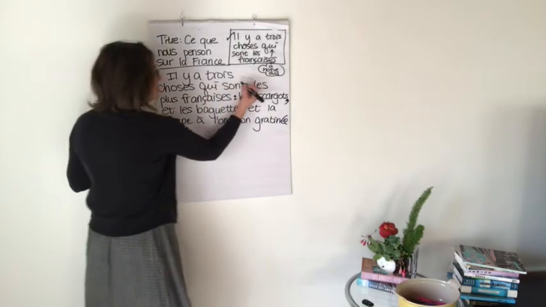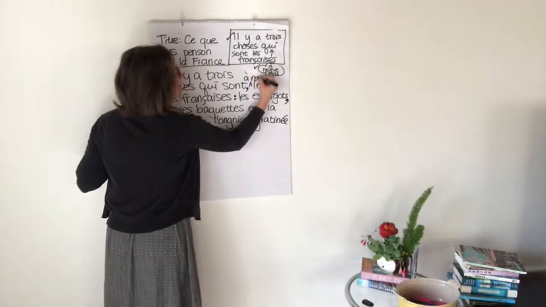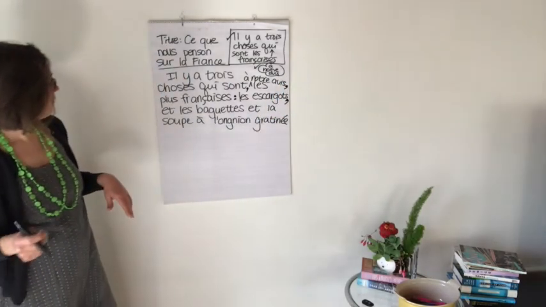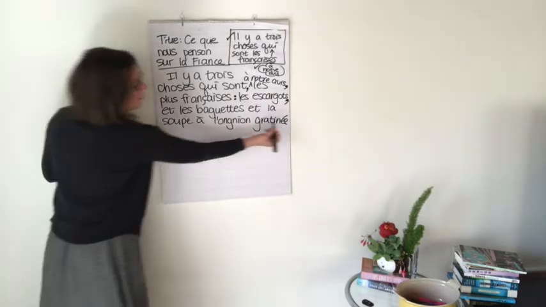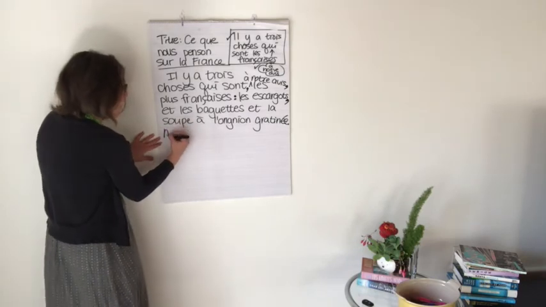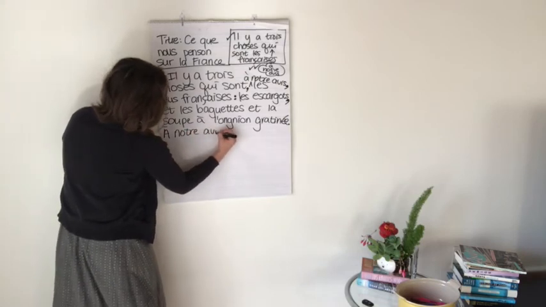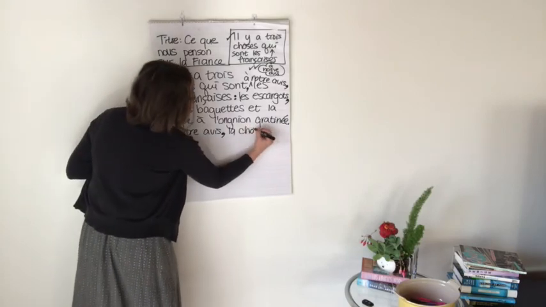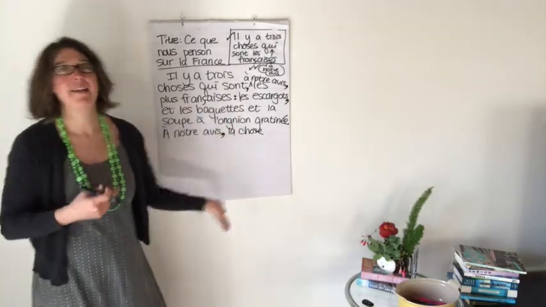Oh! Qui sont? Yeah! À notre avis, les plus françaises. Les escargots et les baguettes et la soupe à l'oignon gratinée. 3. À notre avis, virgule, la chose. So I would ask them, what was the most French thing in our opinion?